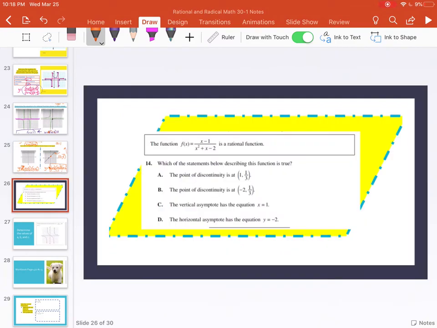All right, let's look at a couple diploma questions before we end today. So the first one says the function f at x equals x minus 1 over x squared plus x minus 2. Which of the statements is true? So I'm going to start off by just factoring this.